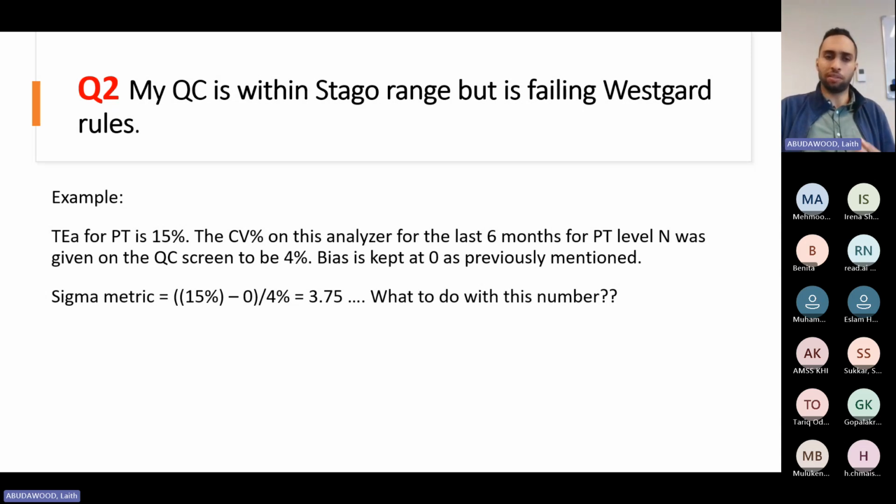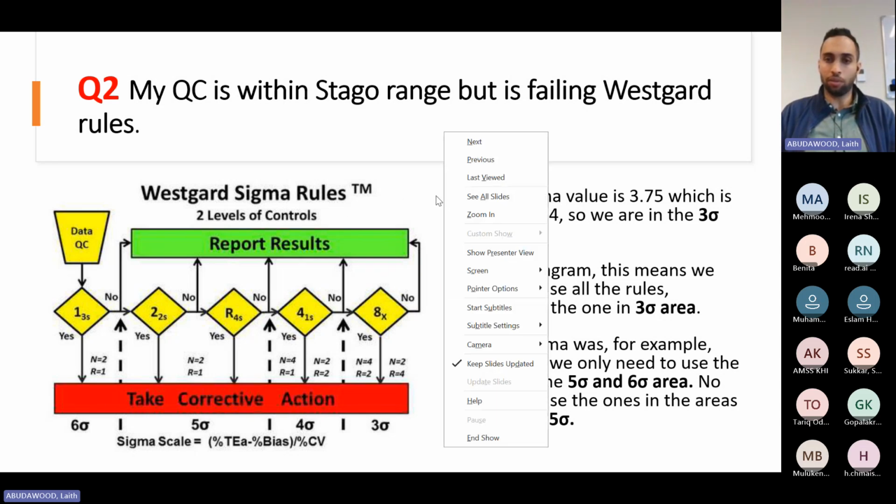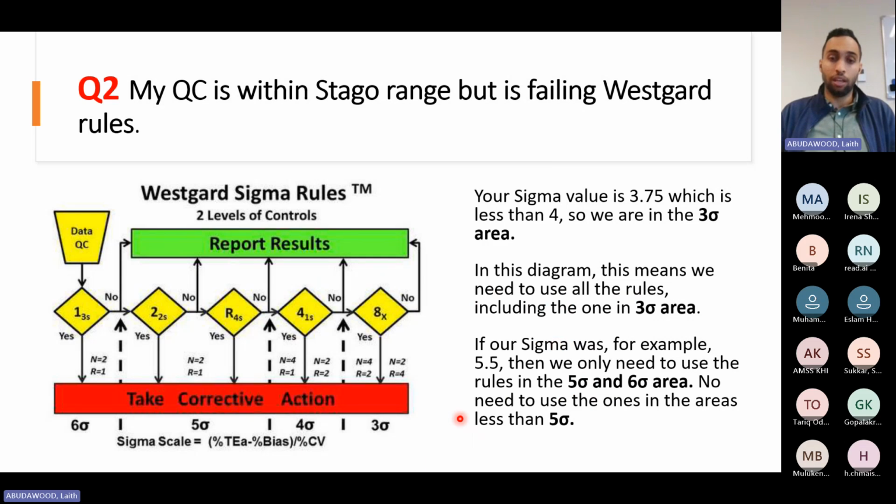Now, this is just an example that I gave. The number I get, 7.5, or just like from the previous slide, 3.75, or whatever it is, what do I do with this value exactly? Now, if you notice, I'll just put a pointer. If you look at the bottom of this graph, there is a 3 sigma, there is 4 sigma, there is 5 sigma, and there is 6 sigma.